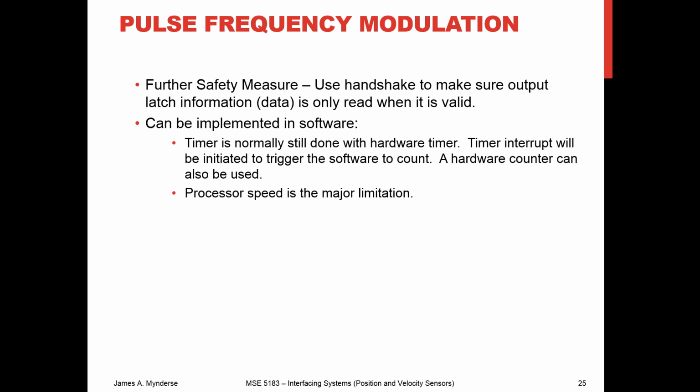And if you're running out of processing power, maybe you use a ripple counter instead. A ripple counter being a hardware IC that's going to do your counting for you. And that way you just let the ripple counter go, you use an electronic system essentially, and periodically you poll it with your micro.